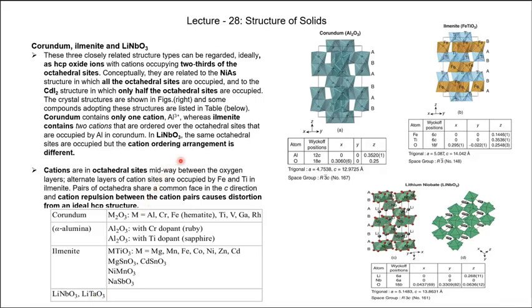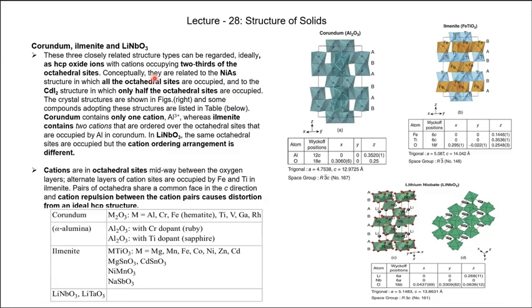What we can really describe the structures as close-packed structure, that is hexagonal close-packed arrangement of oxide ions with cations occupying 2/3 of the octahedral sites. If we take this structure, here is the corundum structure.